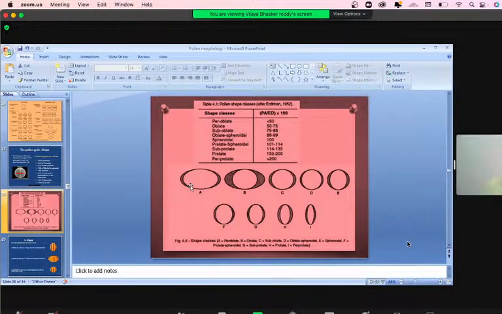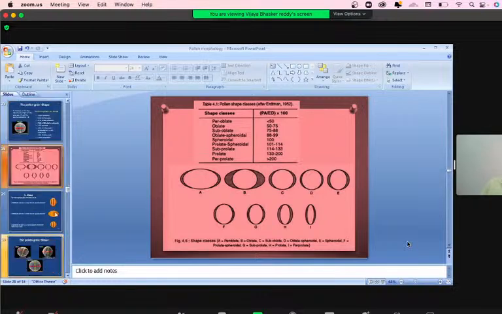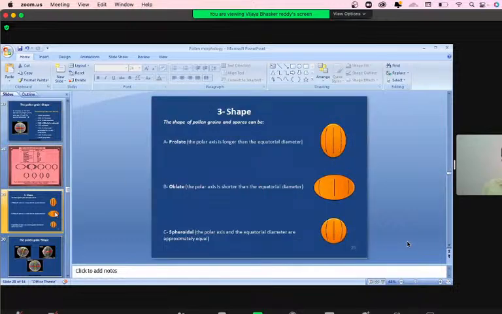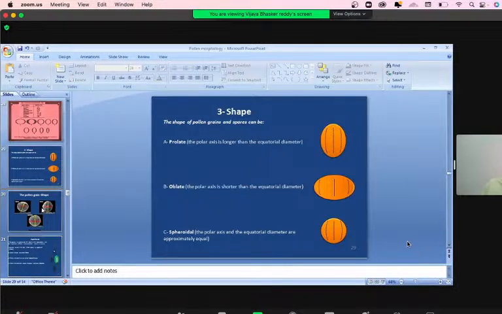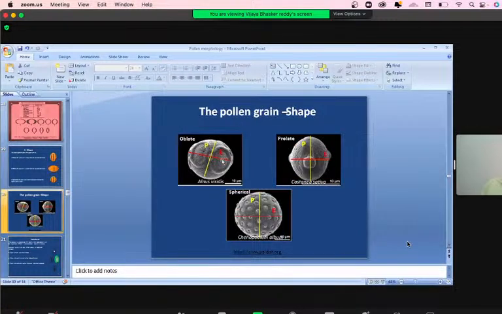So these differences lead you to confirm whether it is paraoblate, oblate spheroidal, prolate, perprolate, or prolate spheroidal. This is a prolate one, this is the oblate one, this is the spheroidal one, the basic shapes. Most of the Acanthaceae members can be seen in a prolate form.